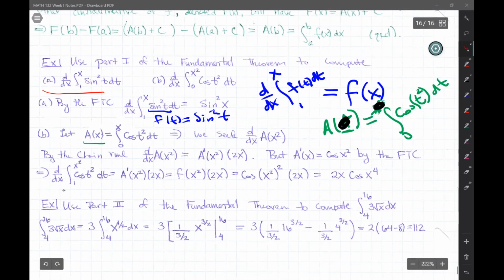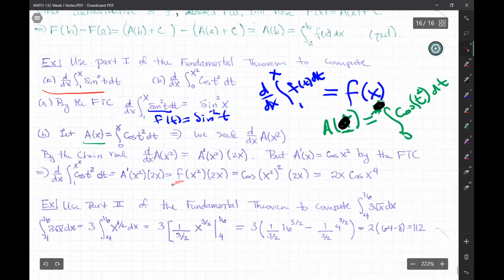So we get that this derivative, what we're seeking, is equal to A prime of x squared times 2x. That's that line. Well, the derivative of the area function just gives you back the original function inside, as we've seen from the fundamental theorem.